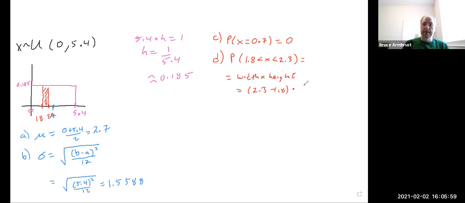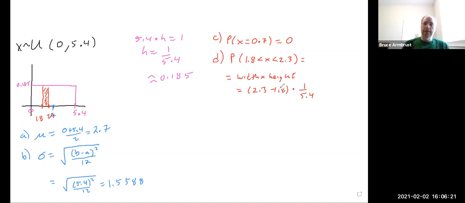The height, well, that was that 1 over 5.4. I'm not going to round it right now. I'm going to leave it as 1 over 5.4 just because I don't want to have a rounding error that's perpetuated. I'm a big fan of waiting to the end to round, but we'll go with this.